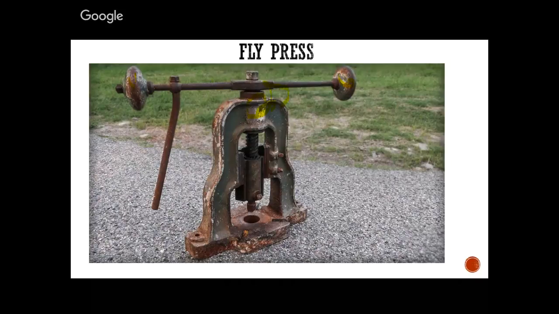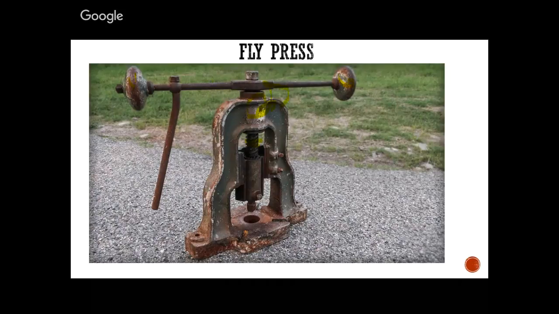Here you have the screw, a basement, a punch, and a die. This is a simple mechanism. When you turn these balls by hand in the clockwise or anti-clockwise direction, you get a motion in the upward or downward direction. So this is a very simple mechanism.